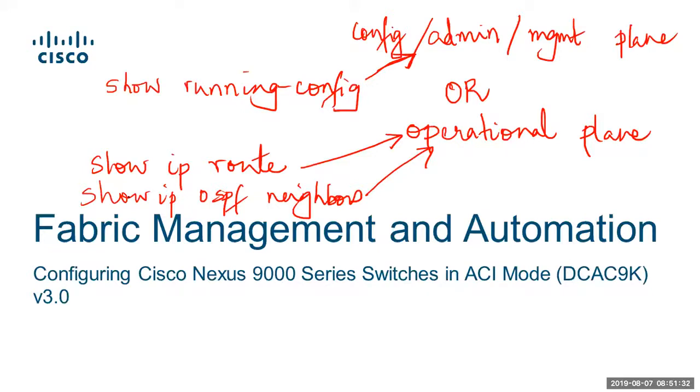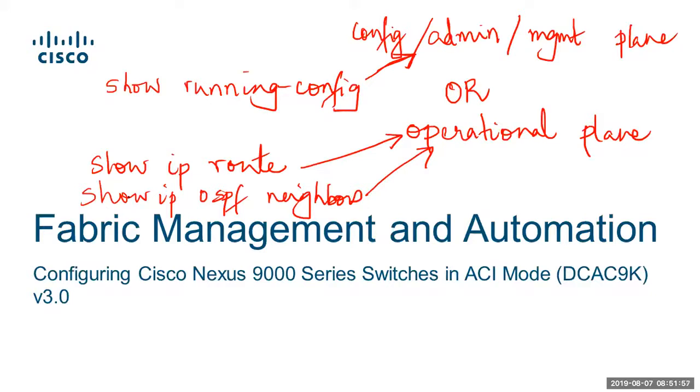Do you think my router would receive any BGP updates? Would BGP actually be operational? So when I look at the running config, everything looks perfect on my router. I've configured it correctly, but it's still not operating correctly.